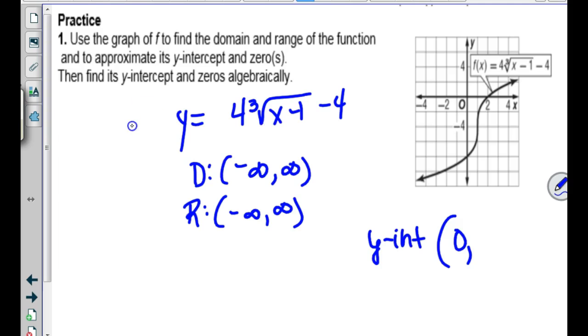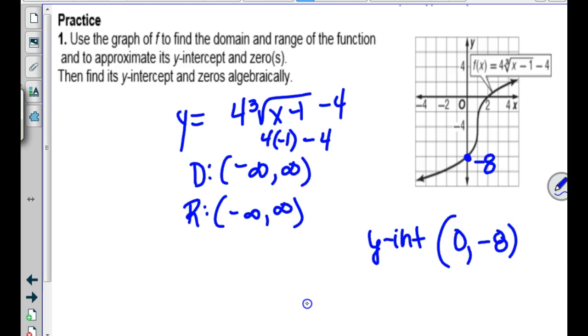So times 4. No, it's a cube root, so you don't get an i. It's just negative 1, okay? So negative 4, and then it says minus 4, which would be negative 8, which does not look right for their graph, oh, maybe it is. They're counting by 2s on their graph paper.